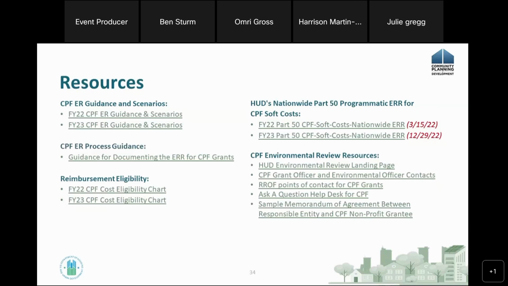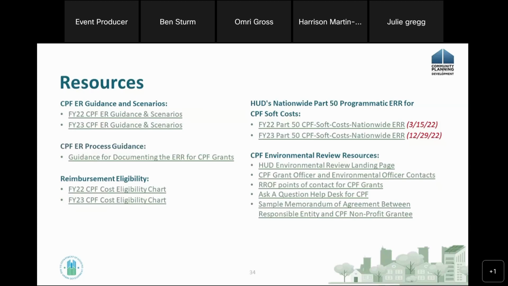Next, the guidance for documenting the environmental review record for CPF grants is an FAQ style resource that lays out procedures for coordination between all parties as it pertains to approval, completion, and documentation of the environmental review process. Next, the CPF cost eligibility charts are logic trees that are designed to assist in quickly and easily determining which project costs are eligible for payment.